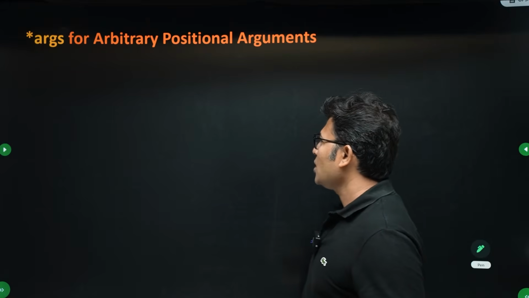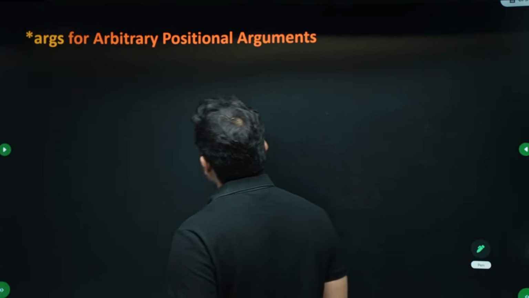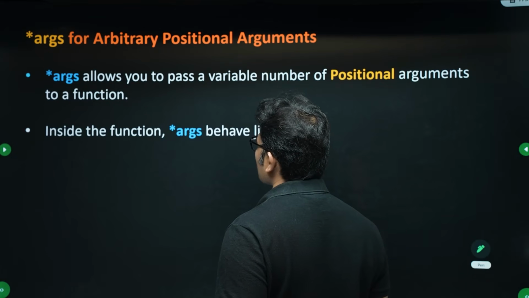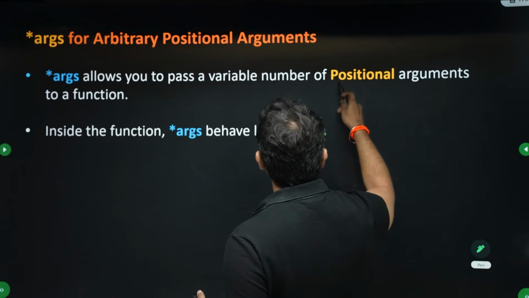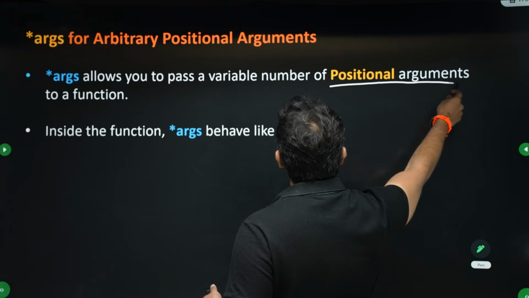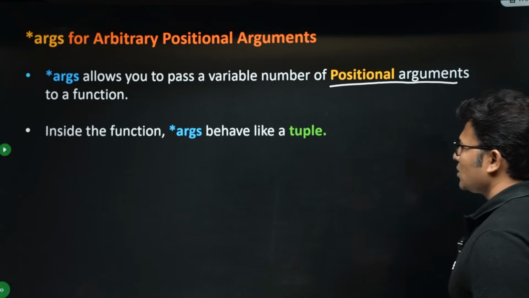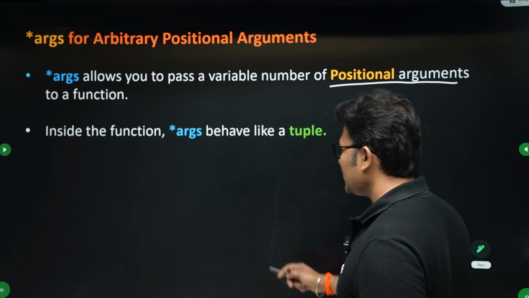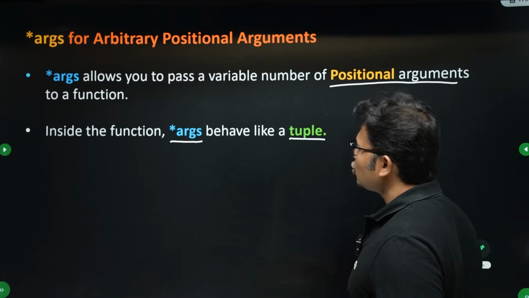Star args is used for arbitrary positional arguments. It allows you to pass a variable number of positional arguments. Now inside the function, args will behave like a tuple. I'll show you with examples.